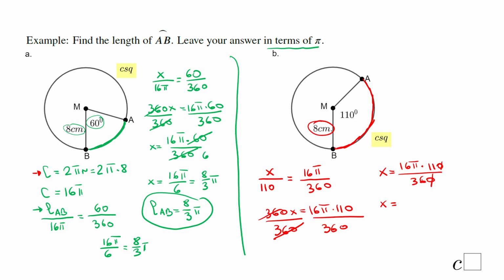Also, so you see I simplify the 0. 36 is an even number, and I can divide by 2, or even by 4, so that will be 9 here, and 16 divided by 4 is 4. I think that's it, and that will be 44 pi over 9. The length of arc AB in this case is 44 pi over 9. Okay, and that's it for this example.